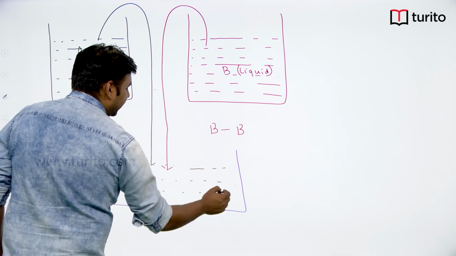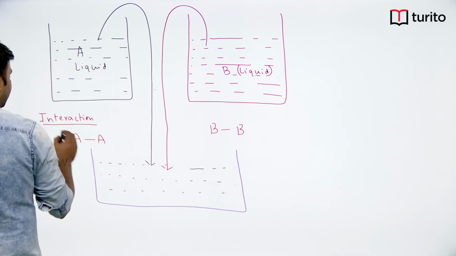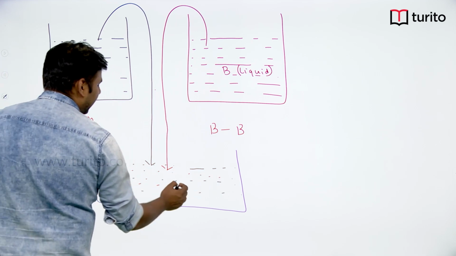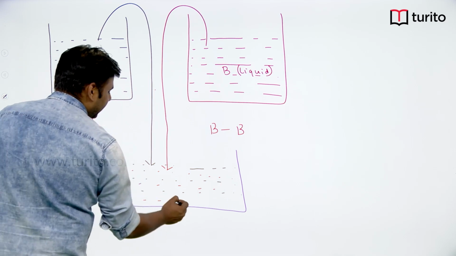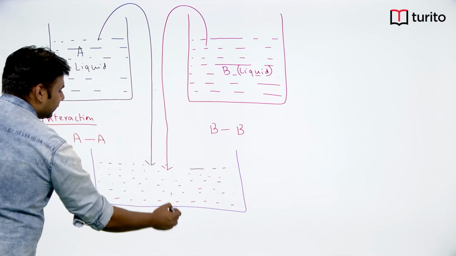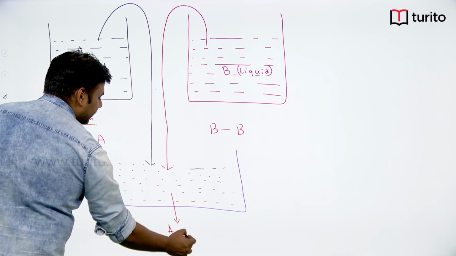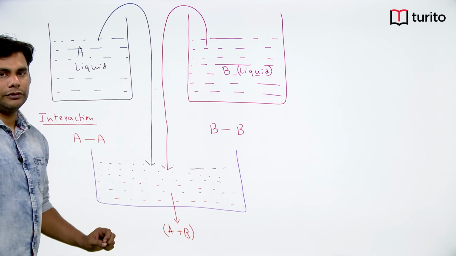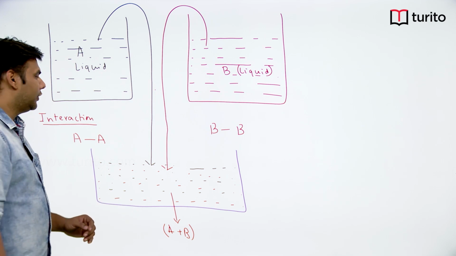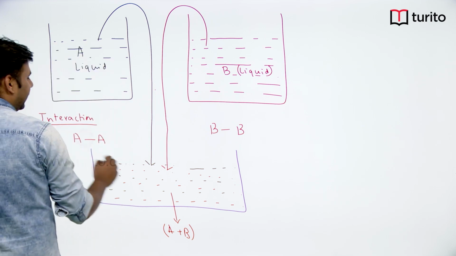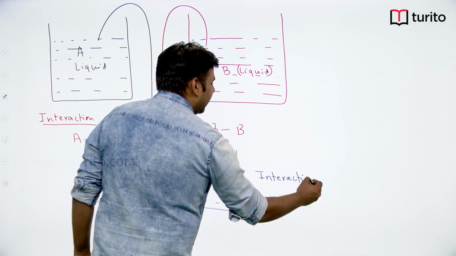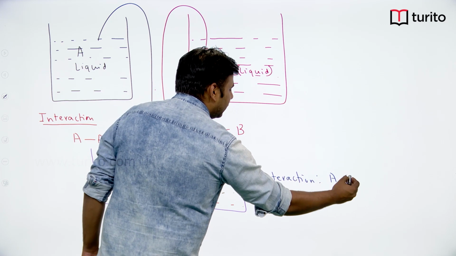So now you can guess what kind of interactions would be possible in this. We have formed a homogeneous solution of two liquids A and B. So we can call this a solution of two liquids A and B. Now when you look in this container, we have two different types of molecules, one is A and the other is B. So the basic interactions present would be: an A molecule would still interact with another A molecule.